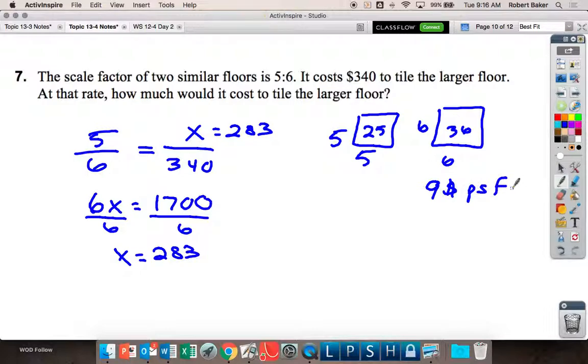And then we said 283 was the other one, right? So what's 283 divided by 25? Huh?